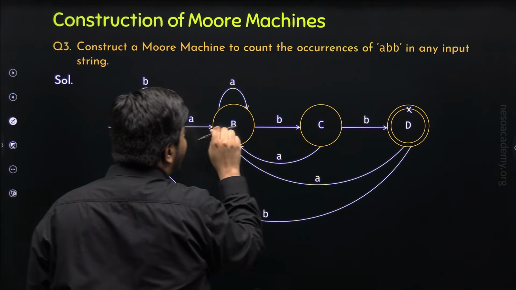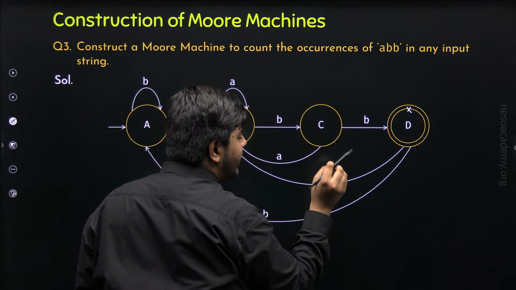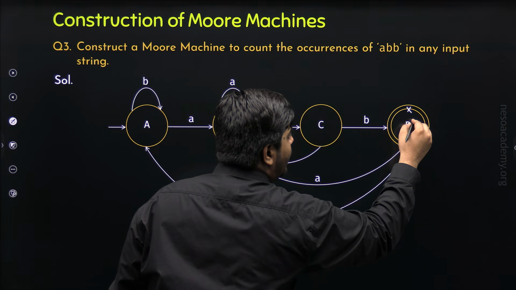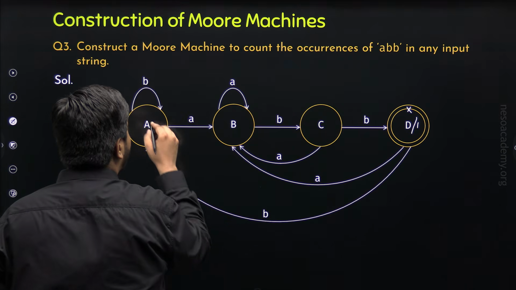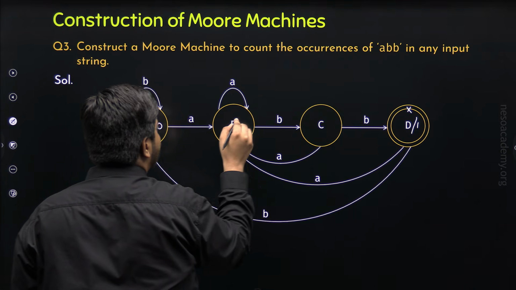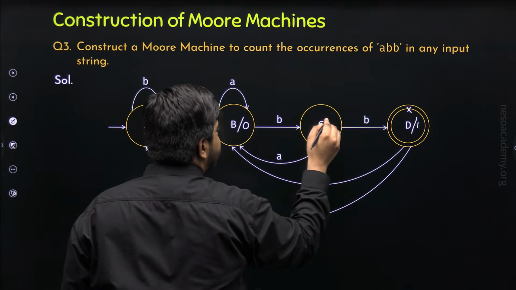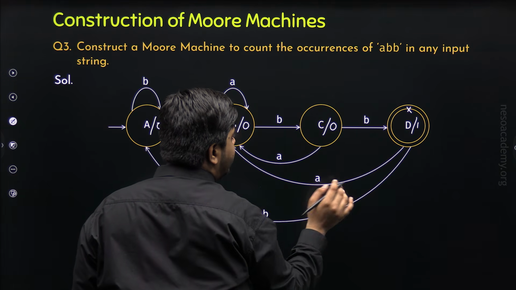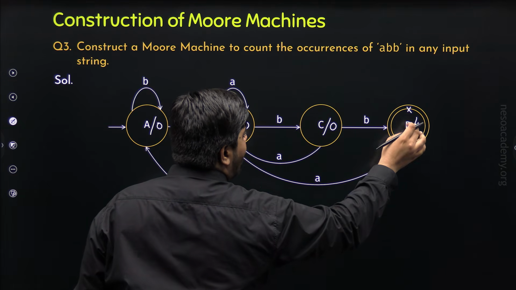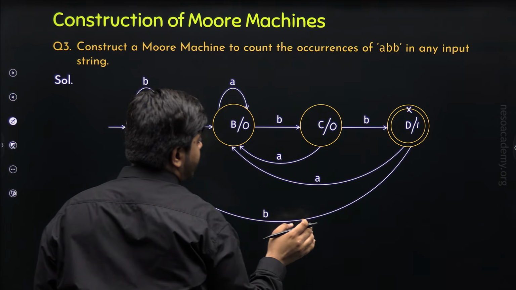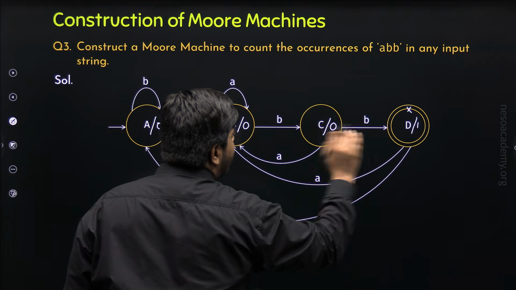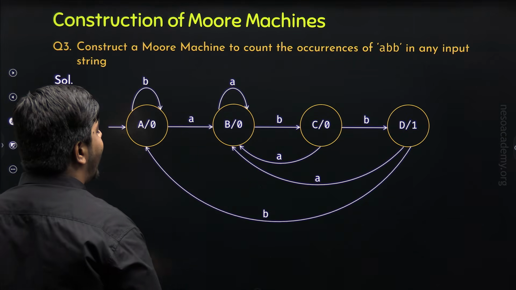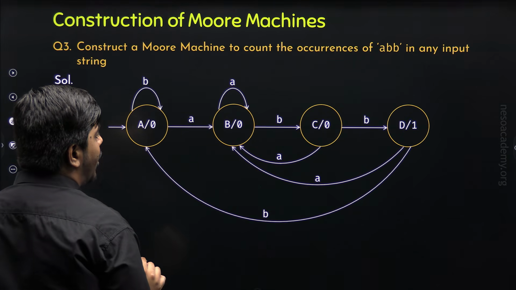So whenever ABB comes in our input string, we will denote it by output symbol 1. Otherwise, the output symbol will be 0. So in all the states, the output symbol will be 0, but with the state D, the output symbol will be 1, because at the state D, we are getting the sequence ABB. So this is the required Moore machine for the given problem.